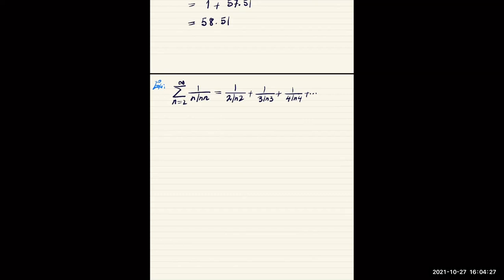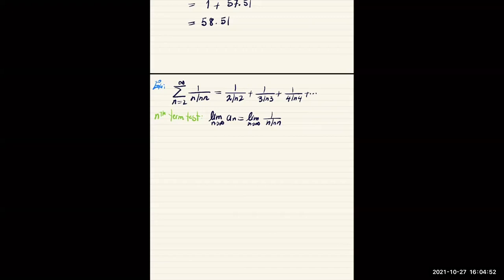Check the nth term always. The limit of a sub n is the limit of 1 over n ln n. This has got nothing to do with partial sums, and nothing to do with the actual sum.